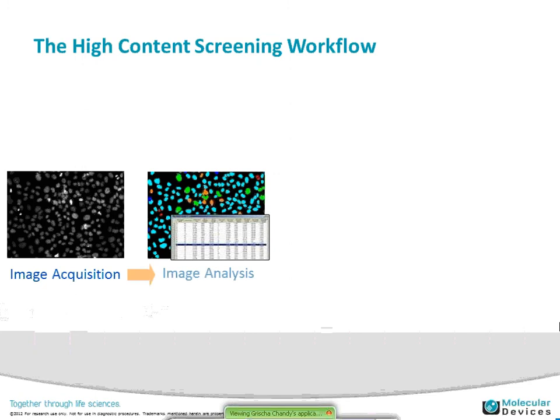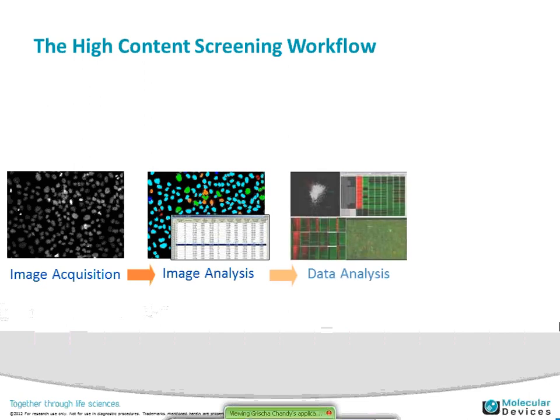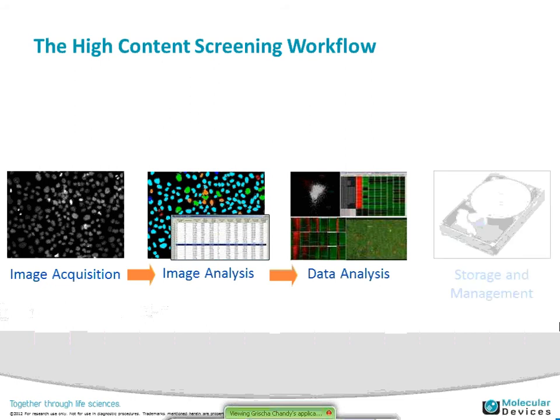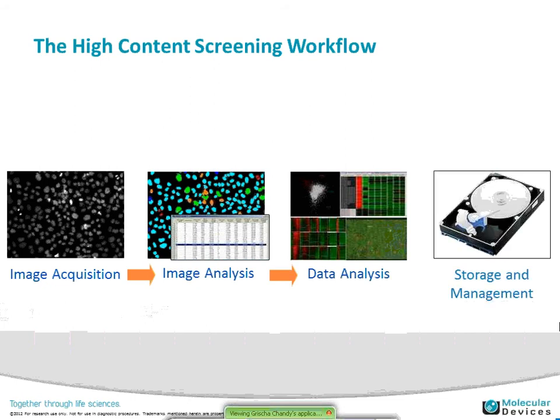Okay, acquire those images. You need to convert those images to numerical values. You need to do some type of image analysis. You need to convert those numbers to some meaningful data analysis. And there needs to be some storage and management of that data in an integrated fashion because the amount of data you're collecting is quite large.